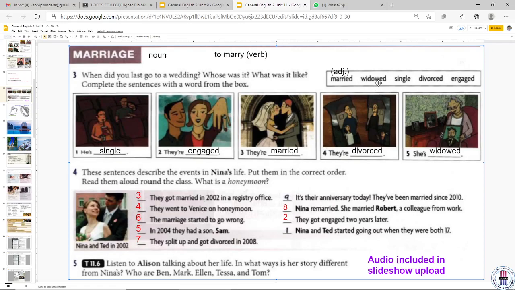Next, widowed. All right, look at number 5. She's widowed. So somebody becomes widowed if their husband or wife passes away, dies, and they're just by themselves, right? They become a widow. She's widowed.